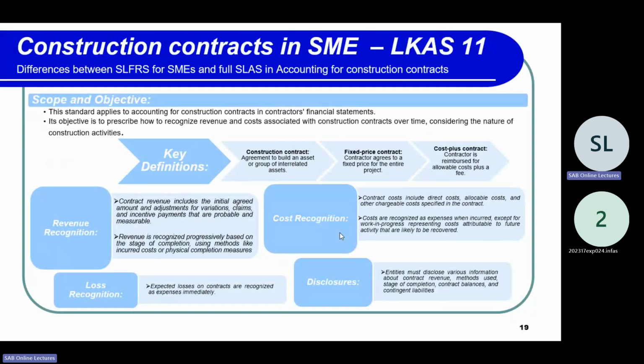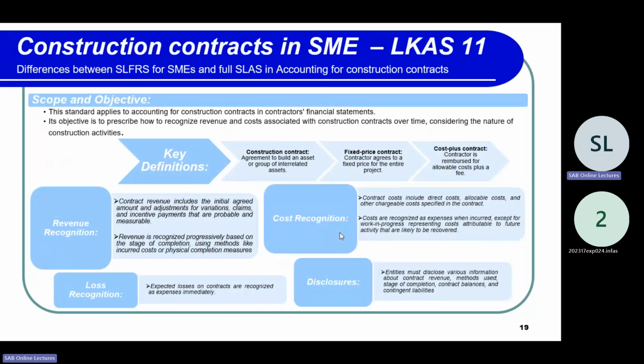Still the final part of this presentation. So we are going to look at the construction contract at the case level. The objective of this standard is accounting for construction contracts in the financial statements.